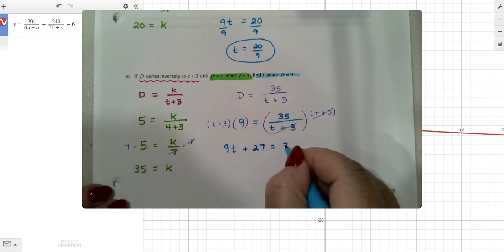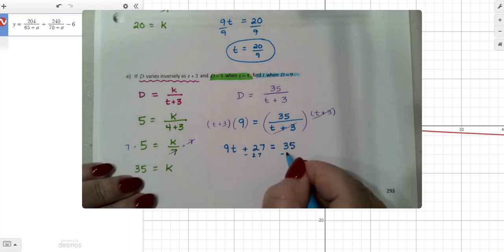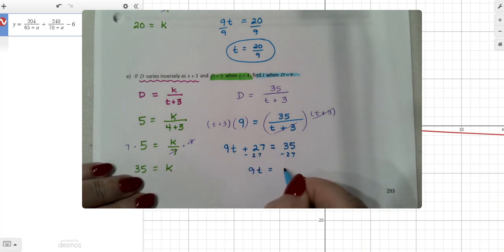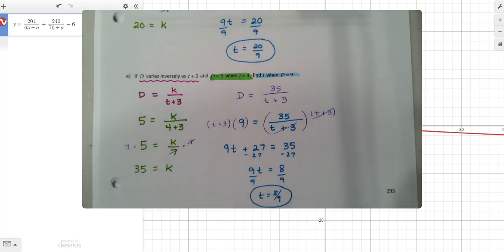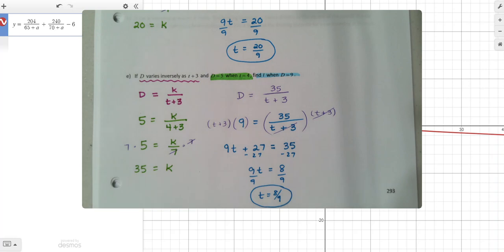And on the right, I just have the 35 left. So 9T is equal to 8. And T would be 8/9. So those are a few basic examples just to illustrate how variation works. Direct variation, K multiplied by something. Inverse variation, K divided by something. And then just pay attention to the variables and the variations on them within the problem.